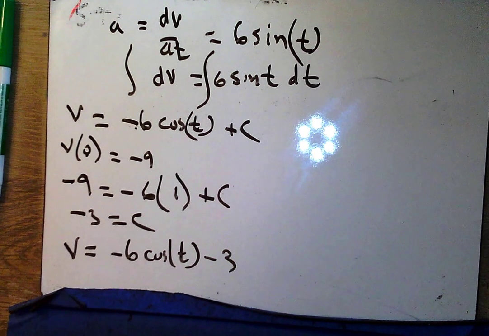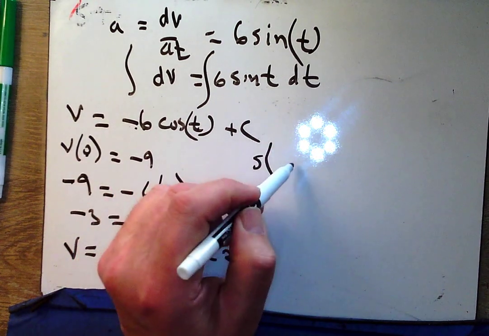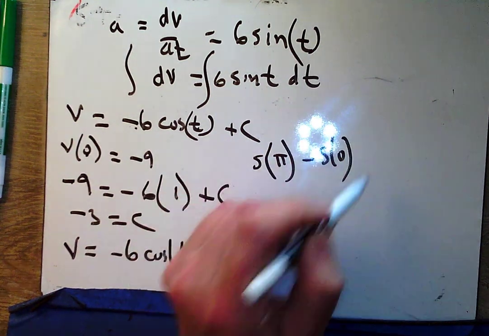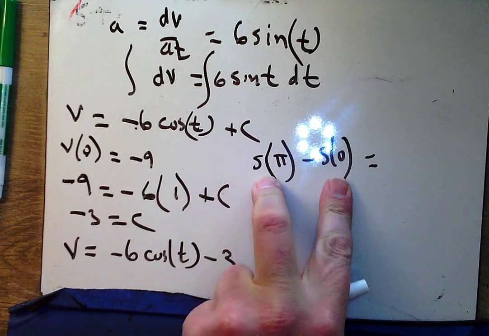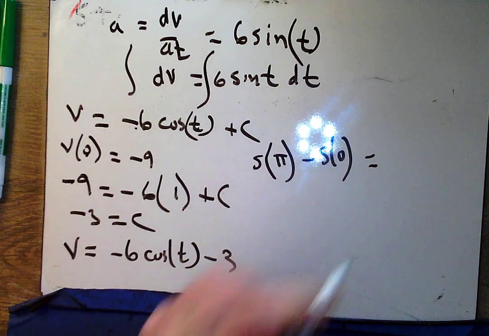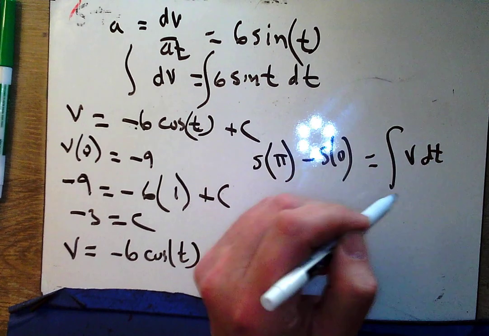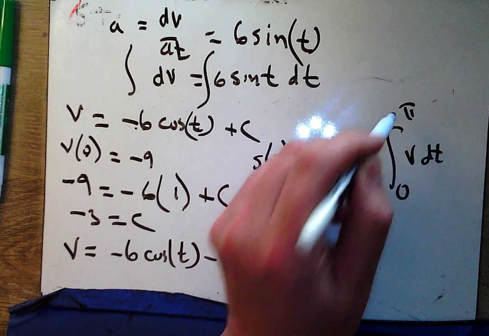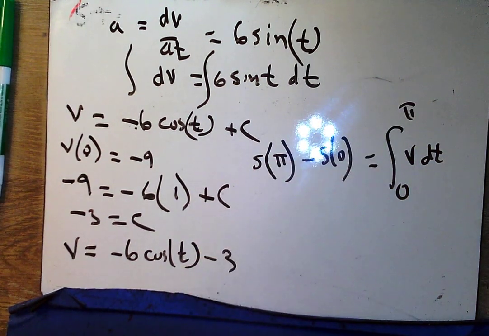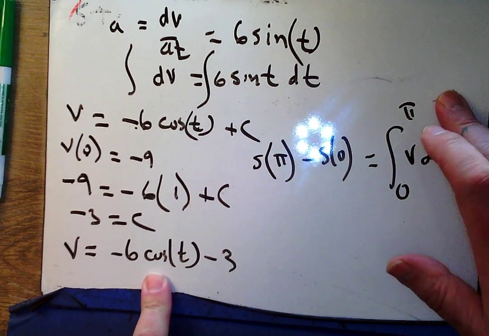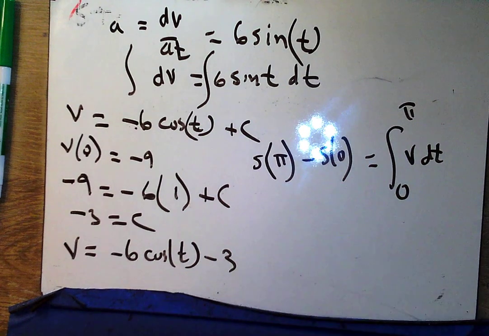All right. And what do we want? We want to find the displacement. Well, I know the displacement is going to be s of pi minus s of 0. That's position, which is in fact the antiderivative of velocity, t from 0 to pi. Okay, so if I integrate this function from 0 to pi, I'll know the displacement.